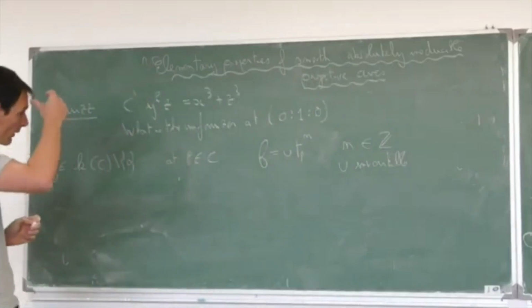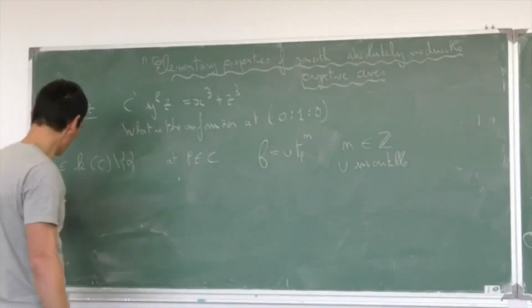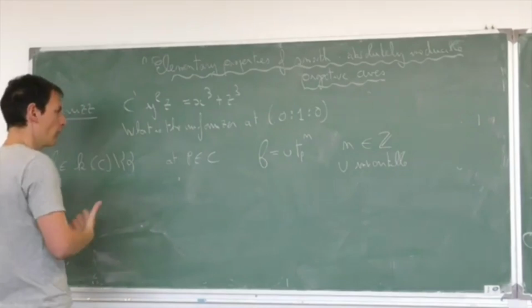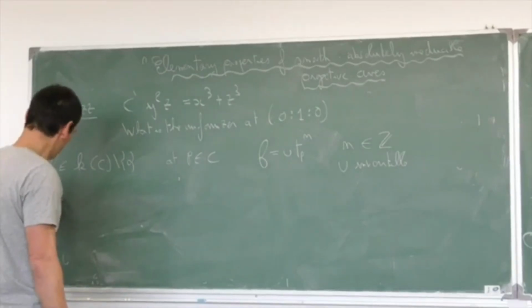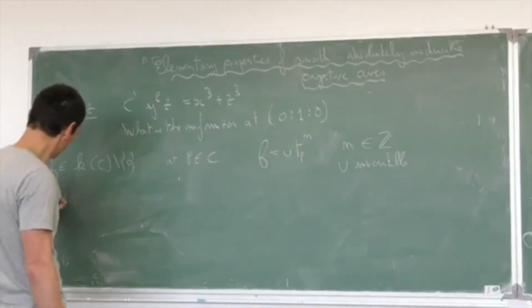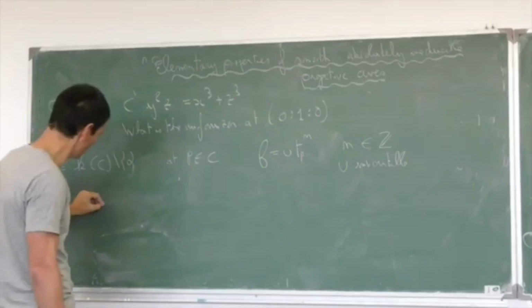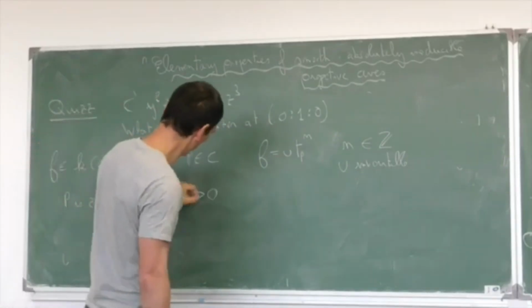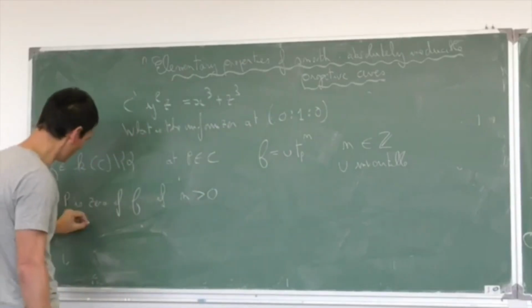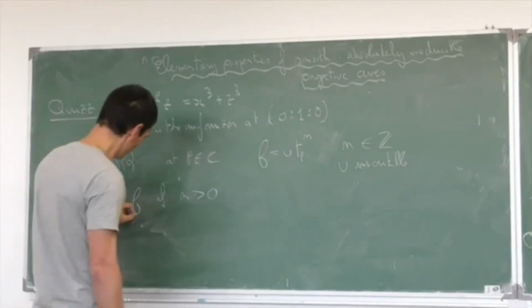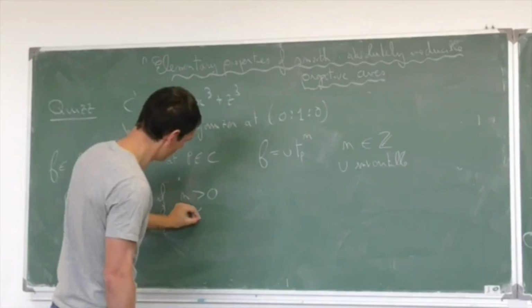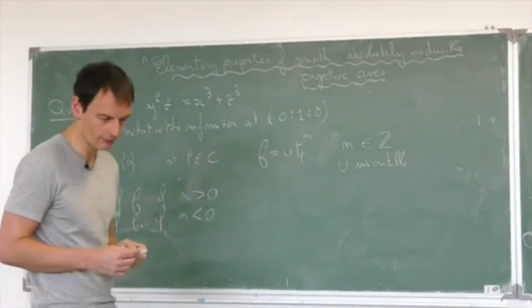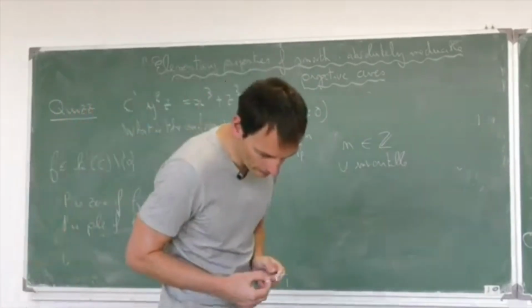And thanks to that, I can define the notion of zeros and poles. P is going to be a zero of f if n is positive, and P is going to be a pole of f if n is negative. Okay?